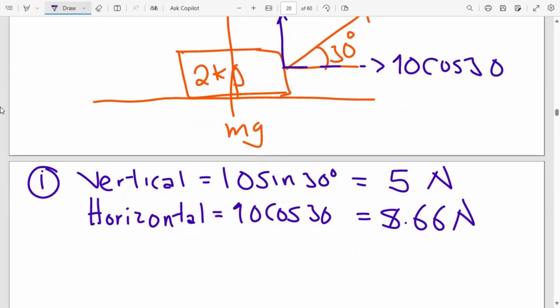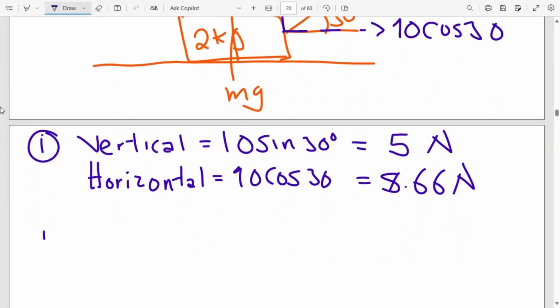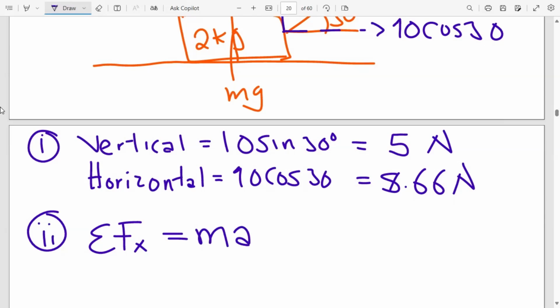Part two is saying we should calculate the acceleration of the box. So in order for us to calculate the acceleration of the box, we're going to use Newton's second law of motion. So the summation of forces, the acceleration is in the x-axis, so the summation of forces in the x-axis will be equal to mass multiplied by acceleration. What forces do we have?